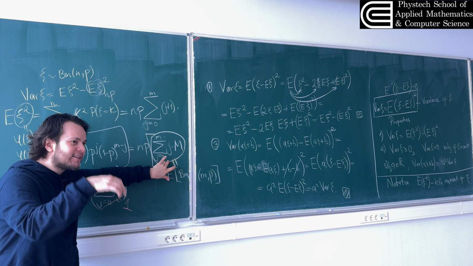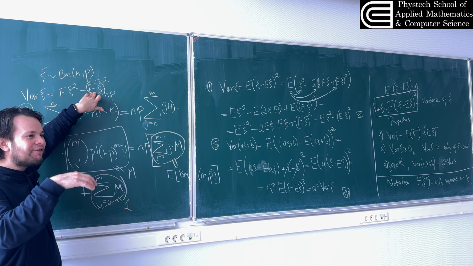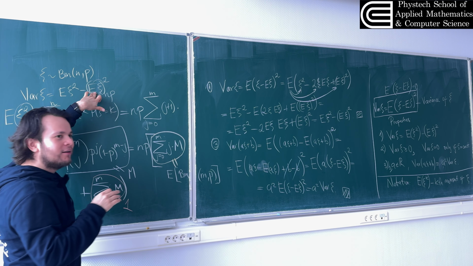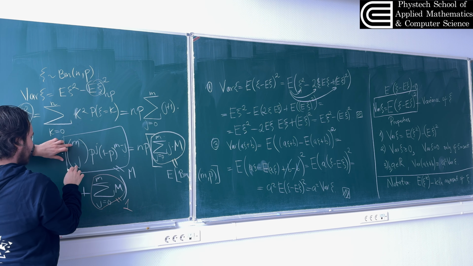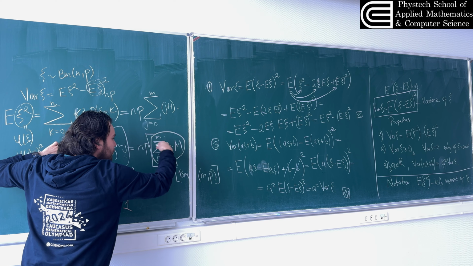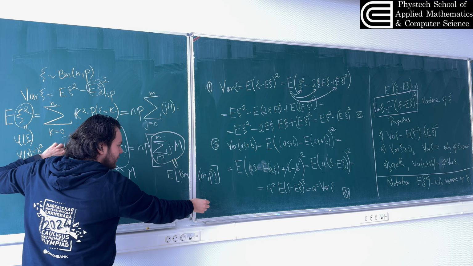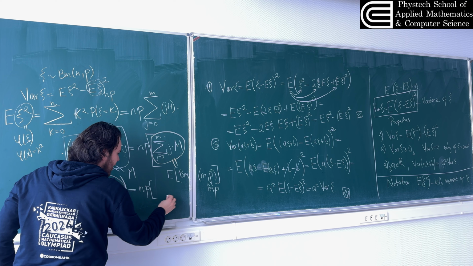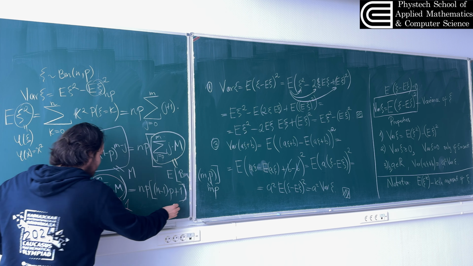So this is exactly the same that we had for the expected value right here. The difference is that now we don't have k, we have j. We don't have n, we have m. Right? So you can write here k and here n choose k, and you have exactly the same. We already proved that. So this is the expected value of this. We already found the expected value for this. The expected value for this is going to be mp. So the whole thing is equal to np. Here we'll have mp. m is equal to n minus 1. So this will be n minus 1 multiplied by p plus 1. This one is this one from here.